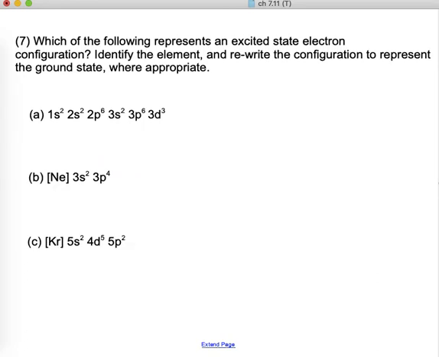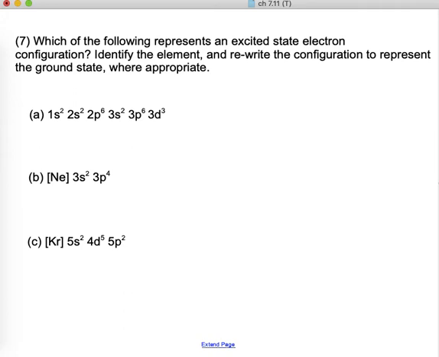I give you 3 electron configurations and ask you to tell me whether each represents an excited state configuration. In either case, whether it does or does not, let's identify the element and rewrite the configuration to represent the ground state. So in the first example, I've got 1s2, 2s2, 2p6, 3s2, 3p6. So I've filled the 3p sublevel with 6 electrons. And then I put 3 electrons in the 3d sublevel. Is that the ground state?